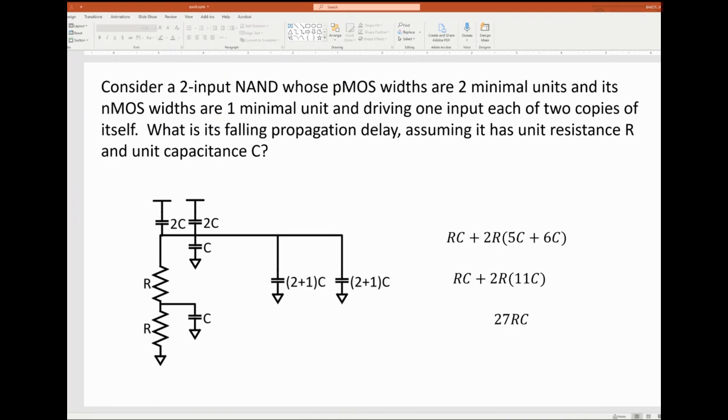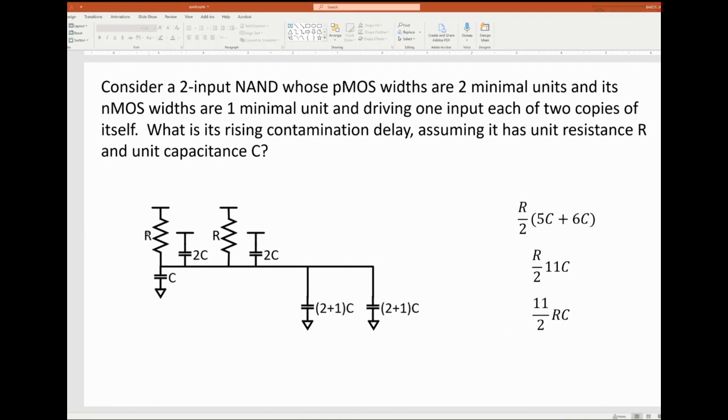There's no way to avoid that. But because the pull-up network has 2 parallel resistors, if they were both on, you would have only half an R. But if only one of them is on, you'd have 1 R. So the contamination delay is the fastest pull-up time, which would happen if both resistors were on. The effective resistance would be 1/2, so that would be R over 2.